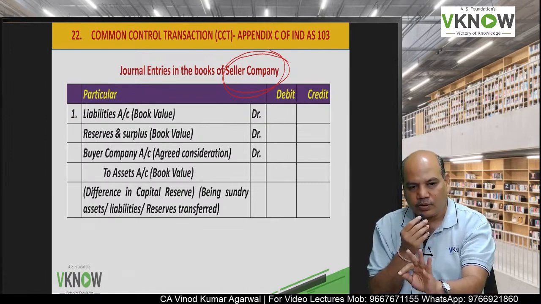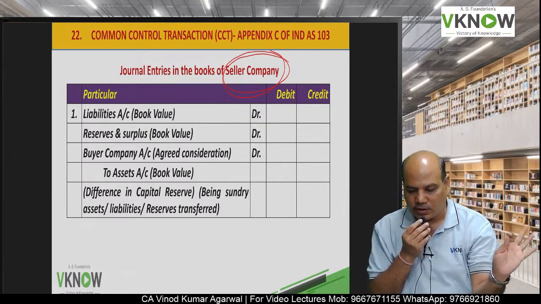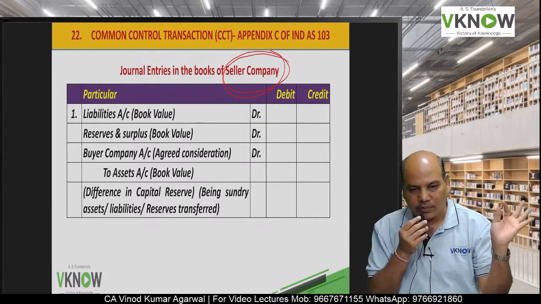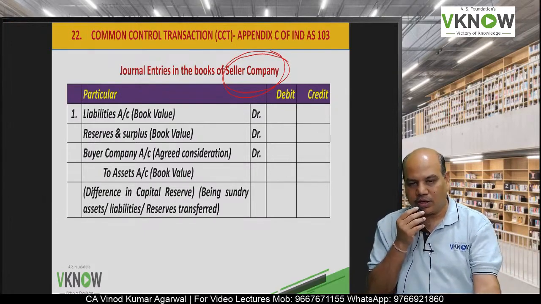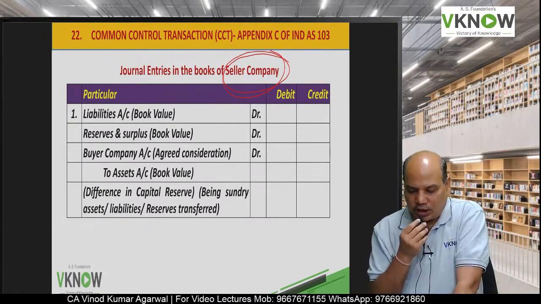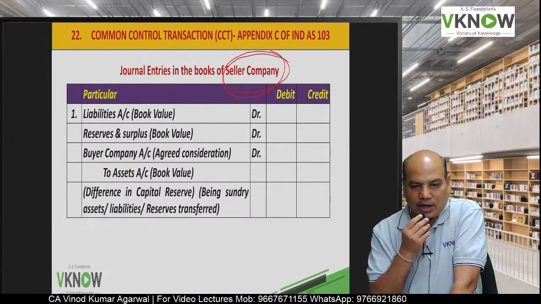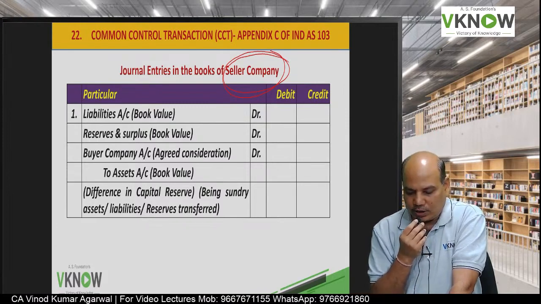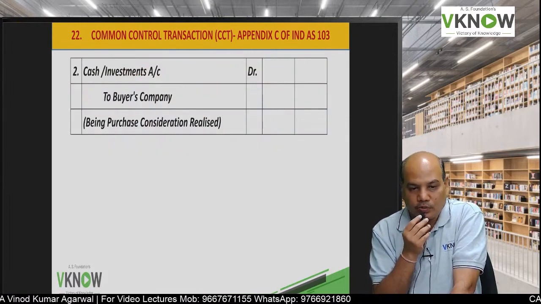They have to remove reserve and surplus, debit, at book value, buyer company account, debit, any agreed consideration to asset account at book value. So there can be some difference here. That difference will be adjusted in capital reserve, not in goodwill.